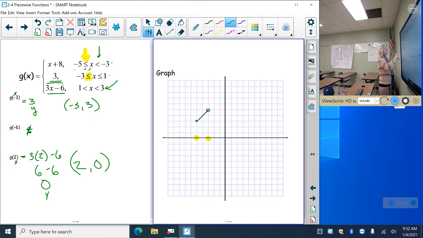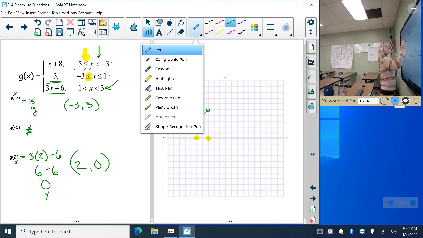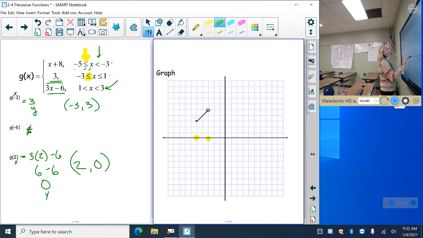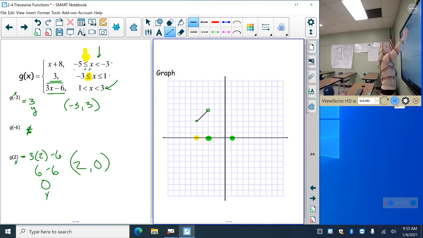Then, between negative 3 and 1, let me pick a different highlighter, negative 3 here, and all the way over to 1, anything I put in for x, I'm just going to get an answer 3. So what does that line look like? Well, y equals 3 is a horizontal line at 3. So I go from here to here, and I have my horizontal line.